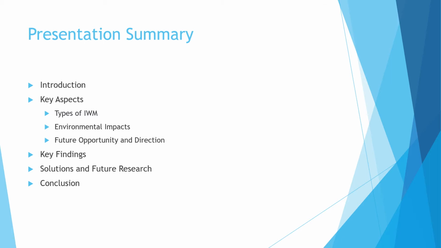The key findings within the review, followed by the solutions for possible issues within the use of integrated weed management programs, and the future research opportunities for the industry. The presentation shall be summed up with a conclusion for the presentation and the findings from the literature review.